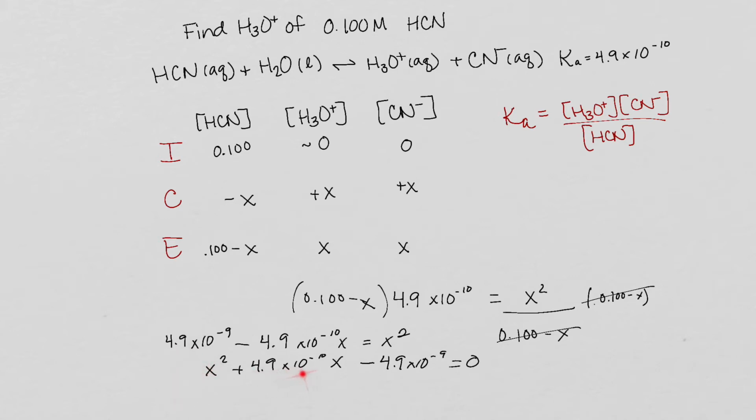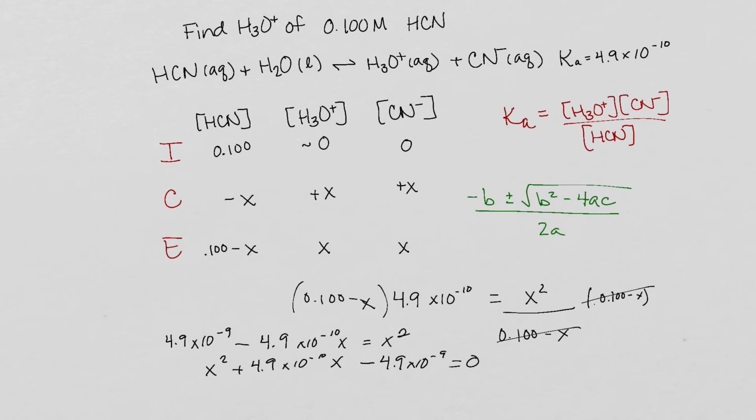This here is your b term, 4.9 times 10 to the minus 10th. And your c term is negative 4.9 times 10 to the minus 9th. So you can use the equation, the opposite of b plus or minus the square root of b squared minus 4ac over 2a.